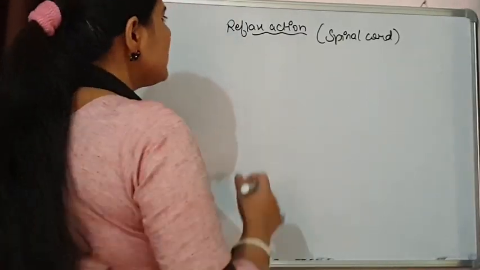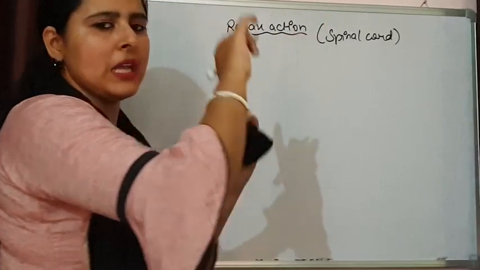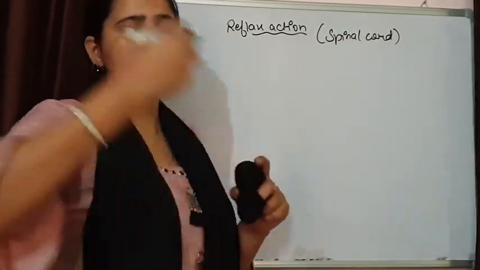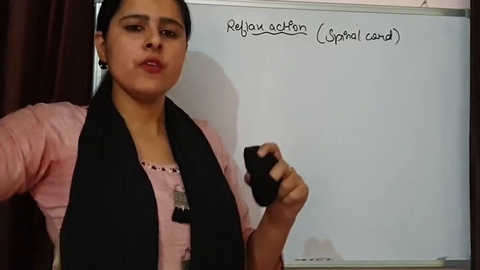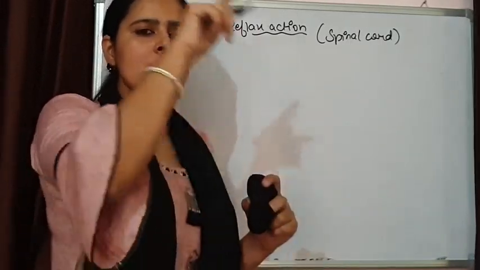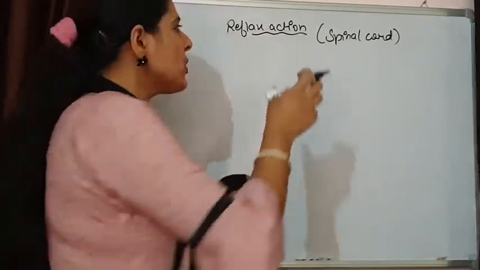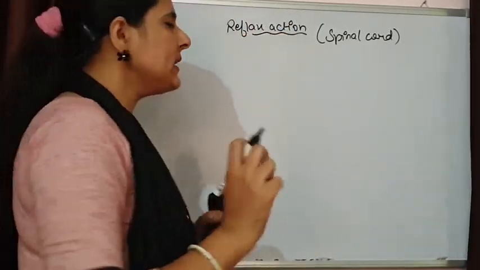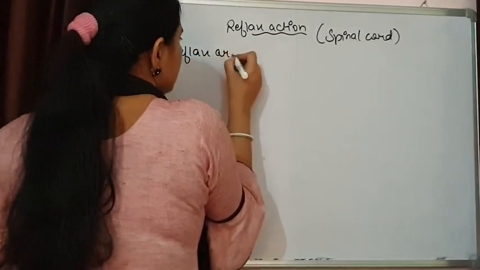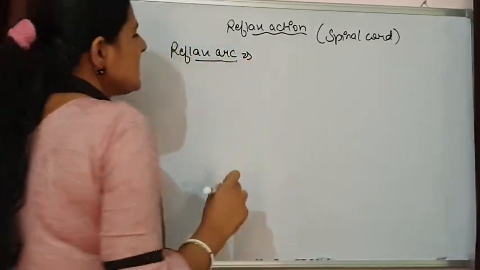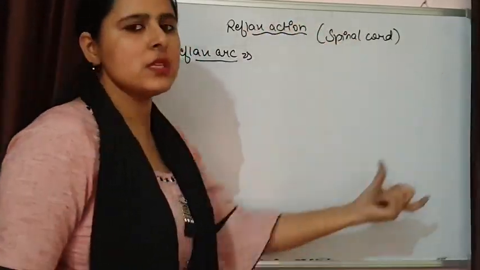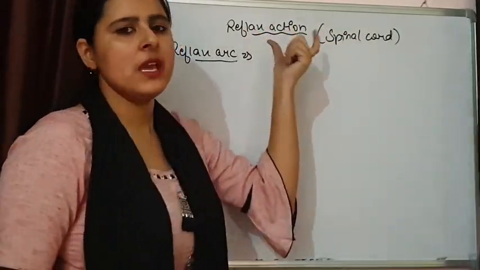So this reflex action is going to follow a pathway, meaning an impulse or a stimulus is coming, this stimulus is moving to the spinal cord, and finally the spinal cord is going to give an answer to the effector organs. So a specific pathway is followed to complete a reflex action, and that pathway is known as the reflex arc. So the reflex arc will be the pathway that is followed by our nervous system to complete a reflex action.